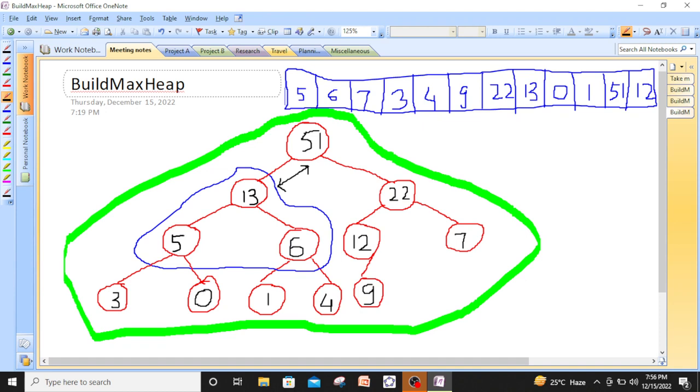Now you observe that 13 and 5 have been interchanged. Now see the direction of interchange. I show you the direction of interchange.